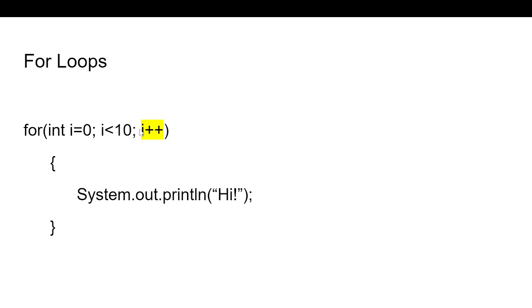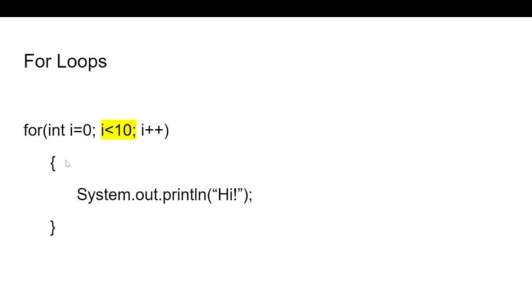You could also say i equals i plus 2 here, or i equals i plus 3, but right now we're saying i++, which is the same as i equals i plus 1. So we start at 0, we add 1 over and over again as long as we are less than 10. And every time we add to i, we enter the loop.